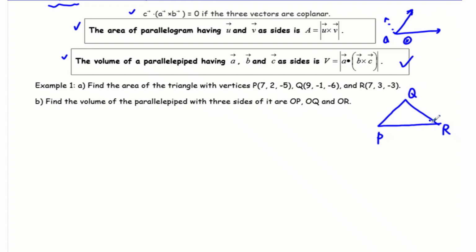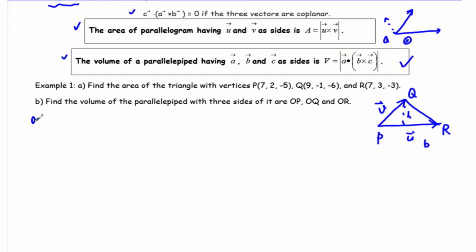In order to find the area, from one point we decide 2 vectors. Then U cross V gives us the area of the parallelogram, and 1/2 gives us base times height, 1/2 B times H, the area of the triangle.